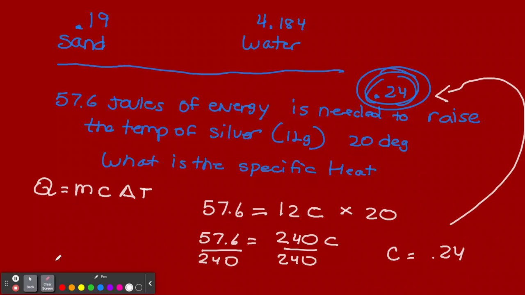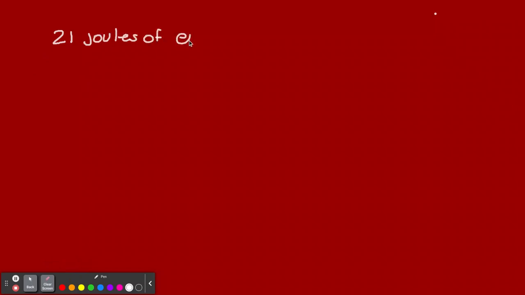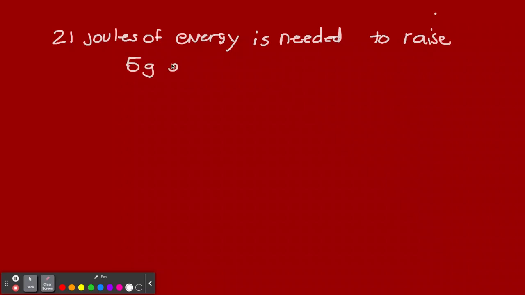One more question. Why not? All right. Let's say we had 21 joules of energy. 21 joules of energy is needed to raise 5 grams of mercury, right?